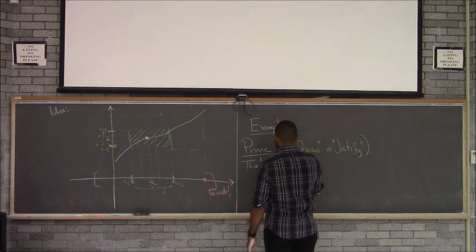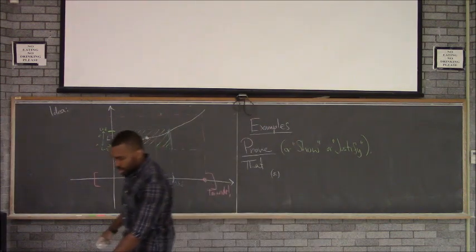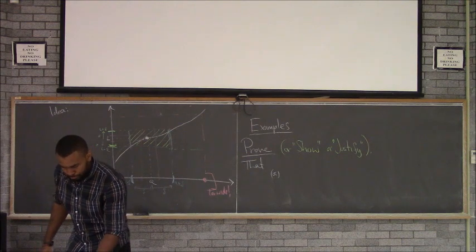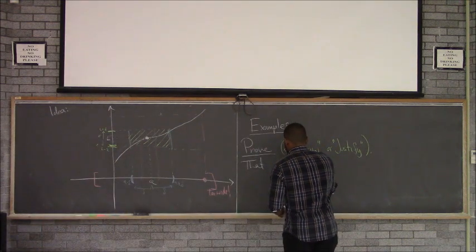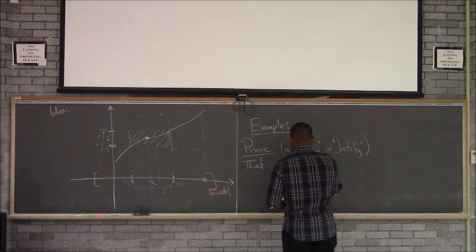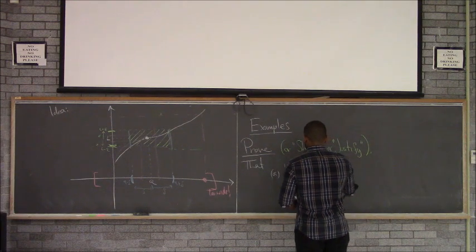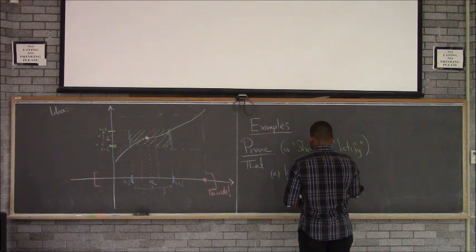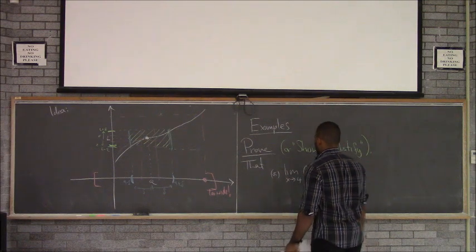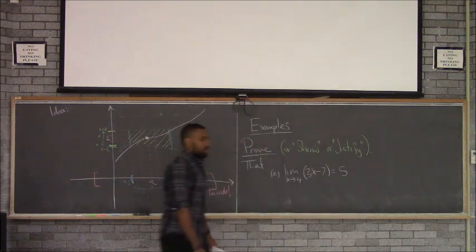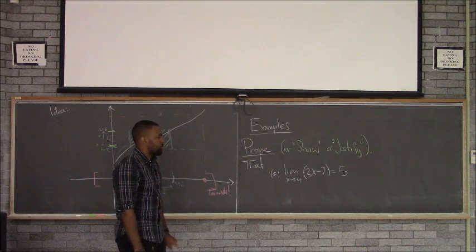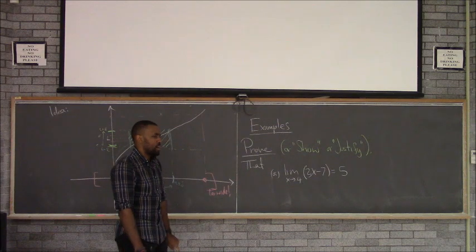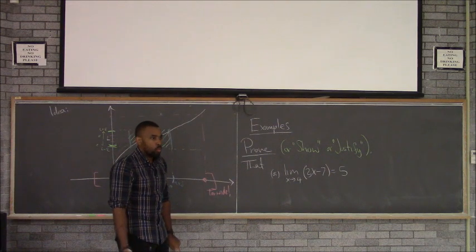So, A. Here are some problems that we're going to do. Prove that the limit as x approaches 4 of 3x minus 7 is 5. So you go and you tell someone, yeah, as x gets close to 4, 3x minus 7 is going to get close to 5. And they say, prove it. What do you mean close?